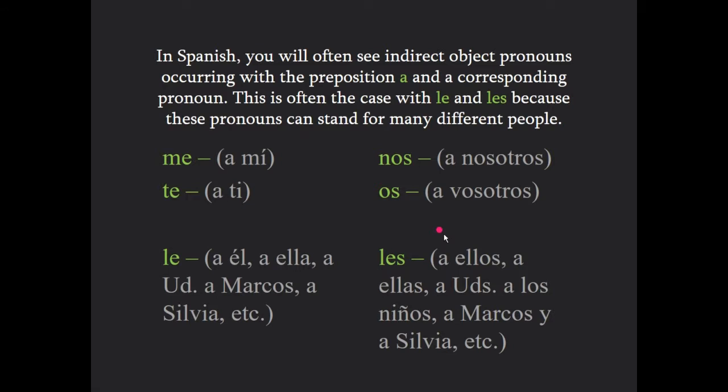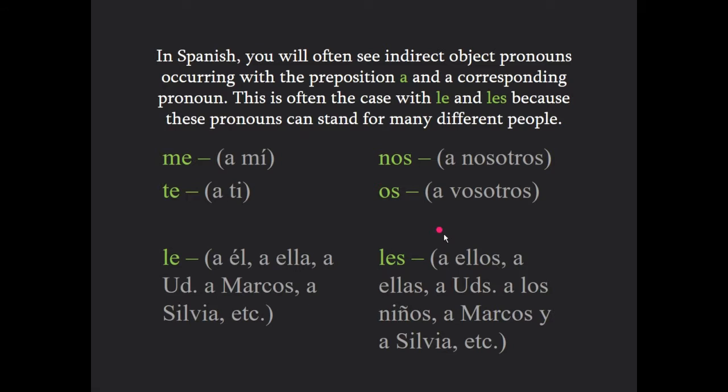Often in a sentence, you may hear it clarified or emphasized with a mí. So you might hear both things in the sentence. So me can be emphasized by using a mí, although it's not necessary because me already means to me.